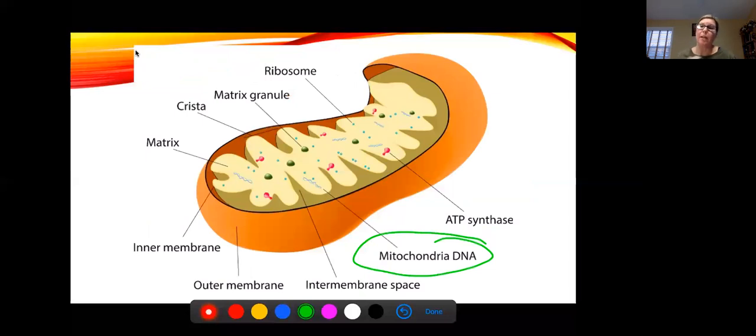The nucleus has one, our DNA in the nucleus. But we also have DNA in the chloroplast and in the mitochondria. We talked about that with the endosymbiotic theory. The mitochondria also have their own ribosomes inside the matrix. I like this picture because it's showing you that.